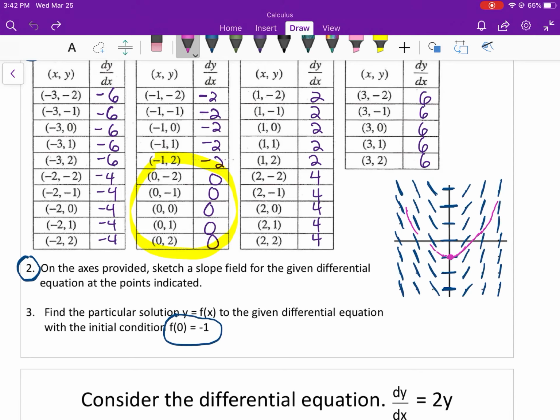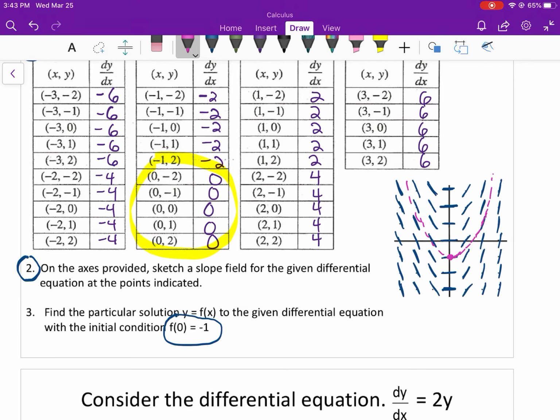Honestly, it could also look like something more like, get that erased here real quick. One more. It could look like something a little bit steeper, something like that. So we don't really know.